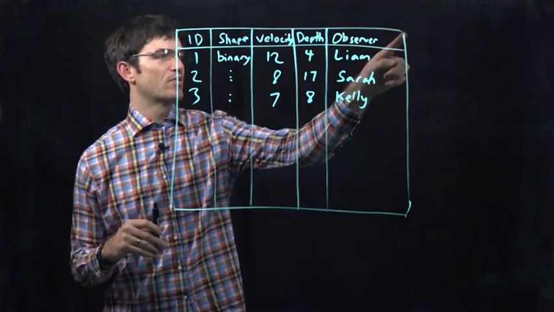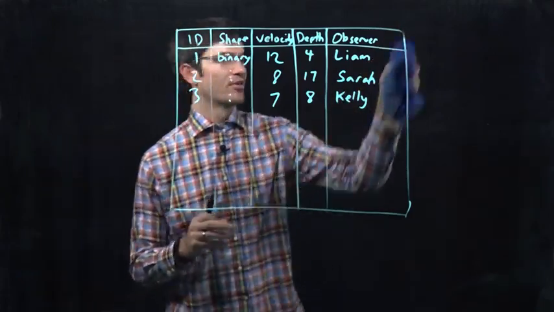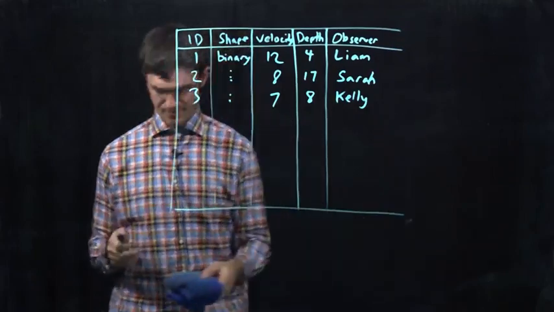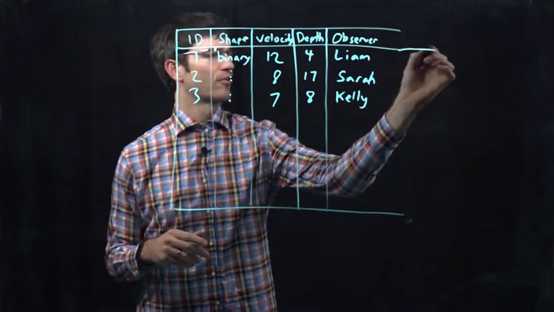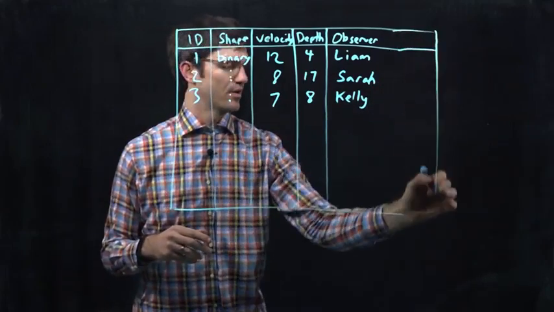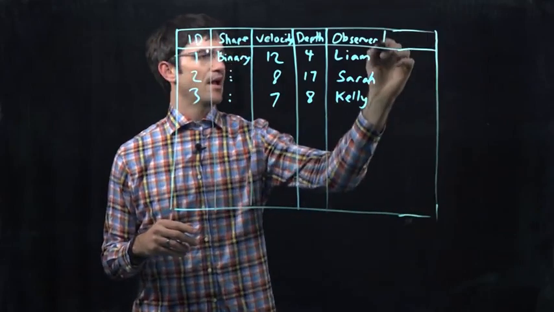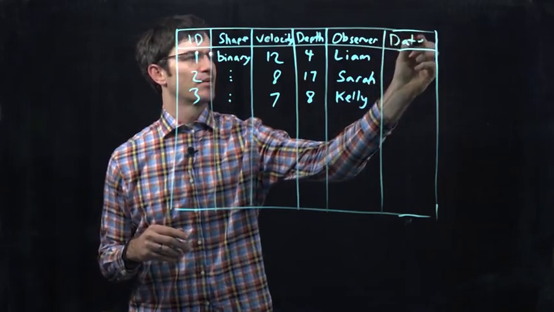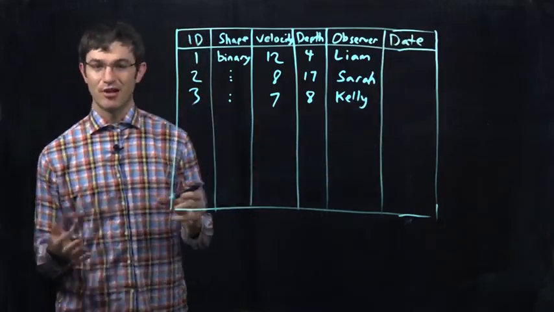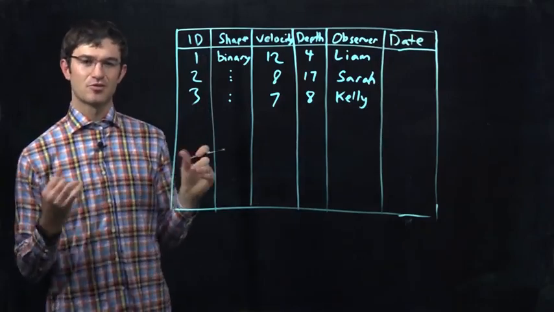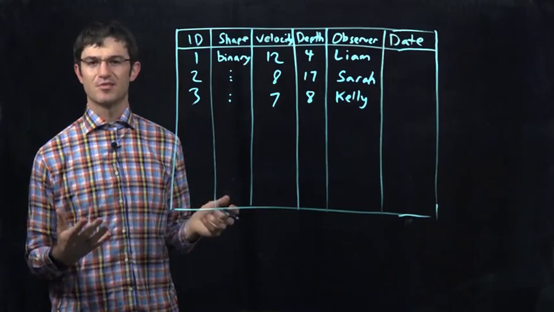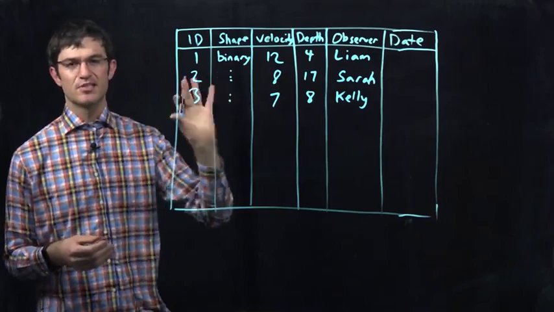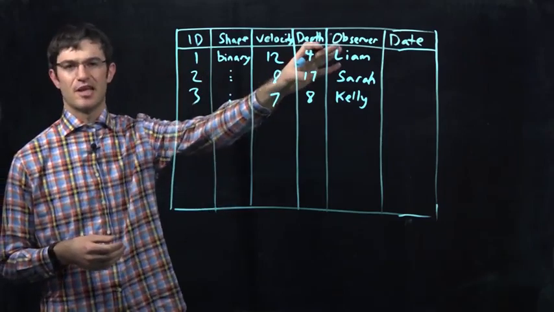So I'm just going to remove the end here so we can extend our table out a little further and add another field called date. As a side note, you don't generally want to actually call your fields date. That's what's called a reserved word, and the database might choke on it. You might call it something like observation date, but for this particular example, we'll call it date just to keep it short.